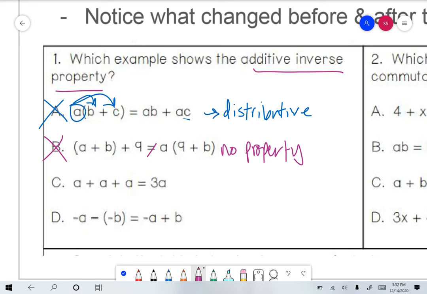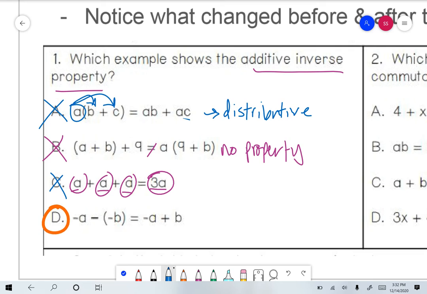Let's look at C. We have A plus A plus A equals 3A, which is true. 3 of something would be like multiplying it by 3, but it's not actually a property. It's just basic addition and multiplication, which leaves us D. So we do know the answer is D, but let's talk about why.